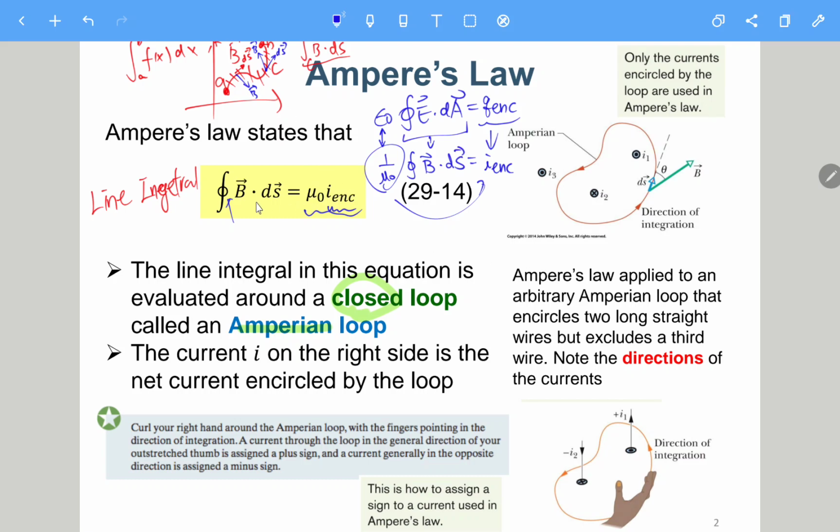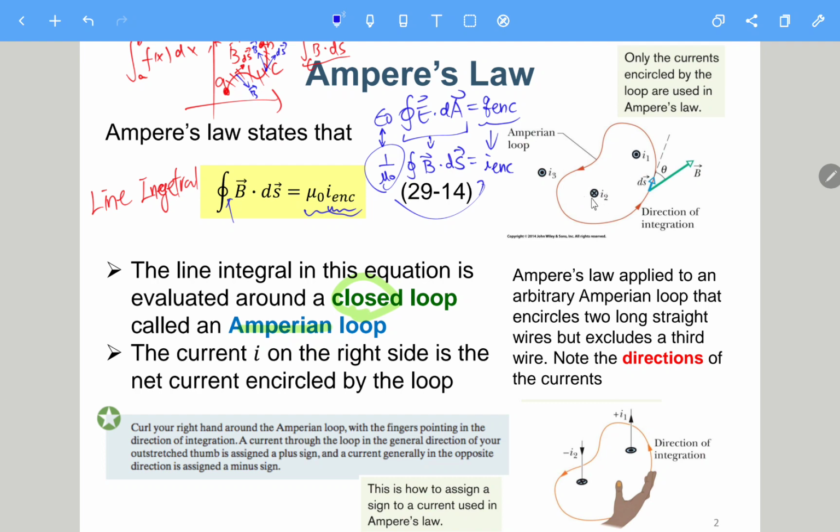Here, this is an Ampere loop in this surface. For example, if we have free currents in the space, I1, I2, and I3, we also assume that these are all long wires. This I1 goes from negative infinity to infinity and goes out of the page, because this is a dot.